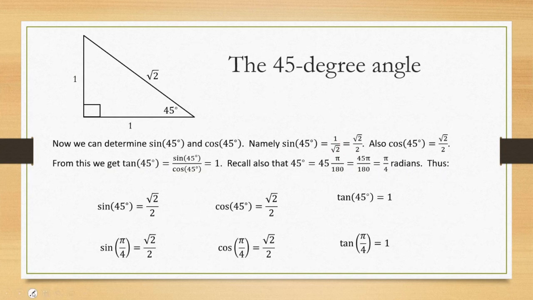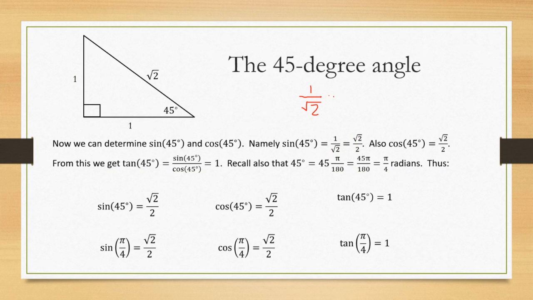Let me show you. Here. So here we have 1 over the square root of 2, right? And when you rationalize the denominator, that just means you don't want a square root in the denominator.